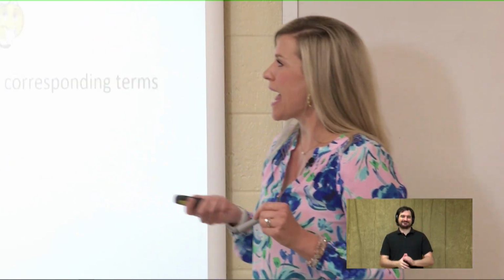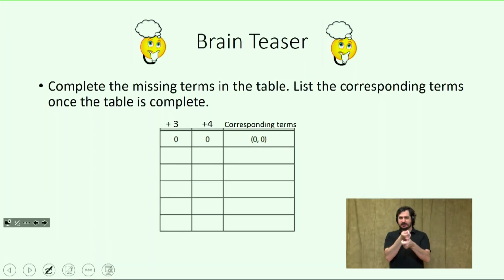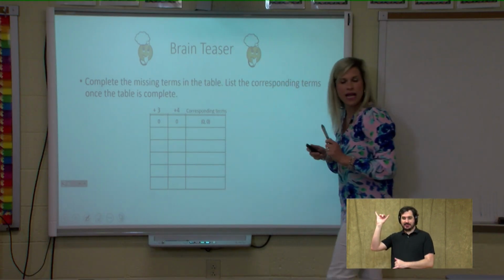Good. Well, today we're going to start with our brain teaser. I want you to look at what I did. This is modeled after what we did on Thursday, where we had a table and we had rules, and then we put our numbers together. So we had our table, our rules, our terms, which are our numbers, and then we put those numbers together. Right here on this part of the table, what does my rule say?